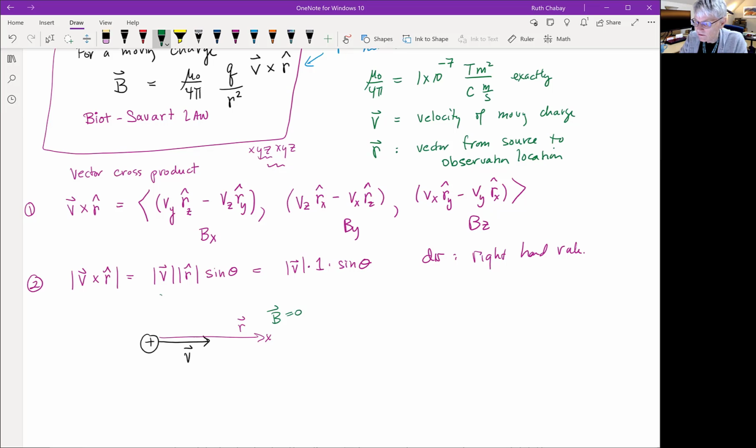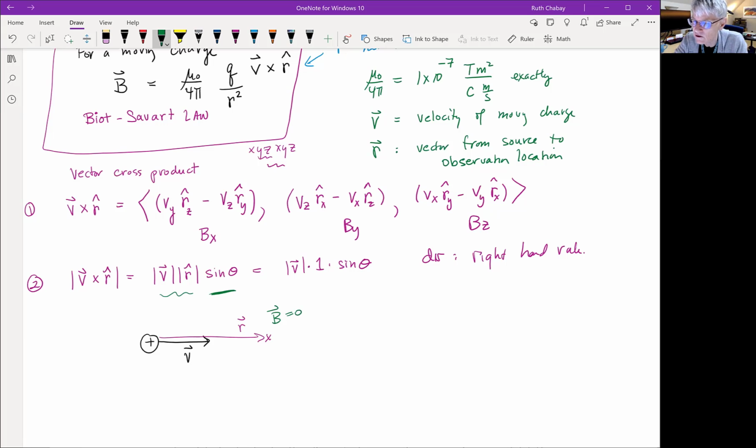The magnitude of the field depends on the sine of the angle between them. But if the angle between them is 0 degrees, then in fact the magnetic field will be 0. So observation locations on the axis aligned with V, you're going to get 0 magnetic field in those directions.